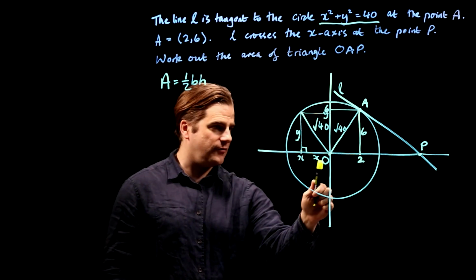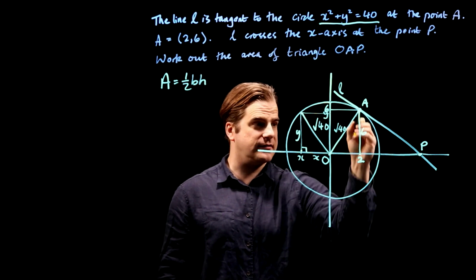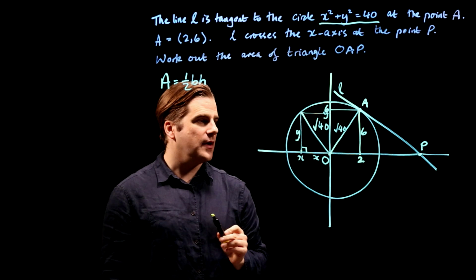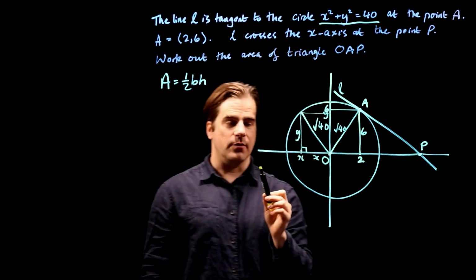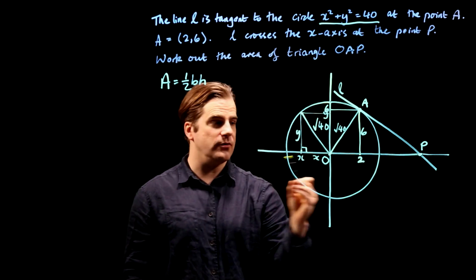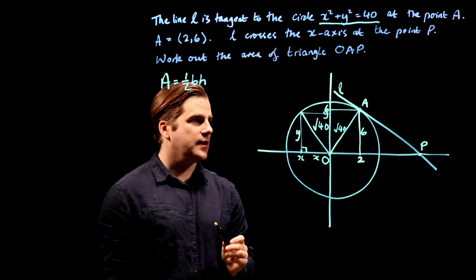So if we treat O to P as the base, then we know the height is 6. We just need to know the base. In other words, we need to know where L crosses the x-axis. If we knew that, we would have the area.